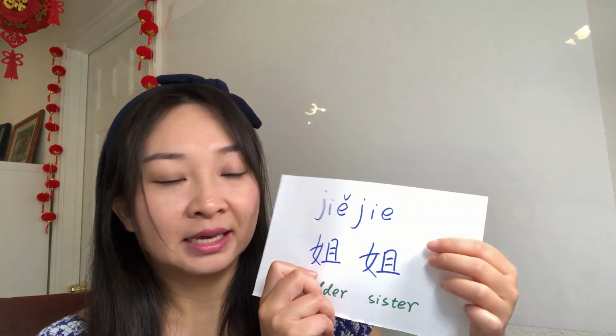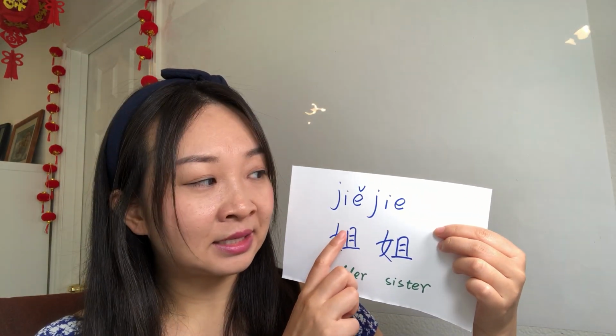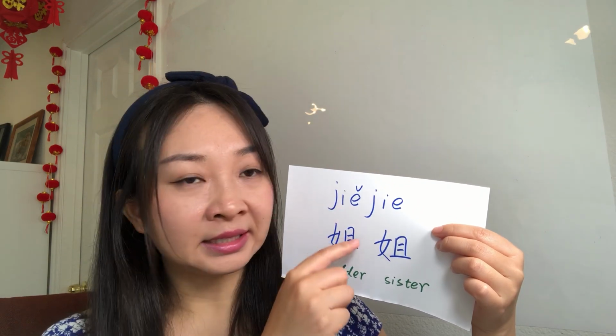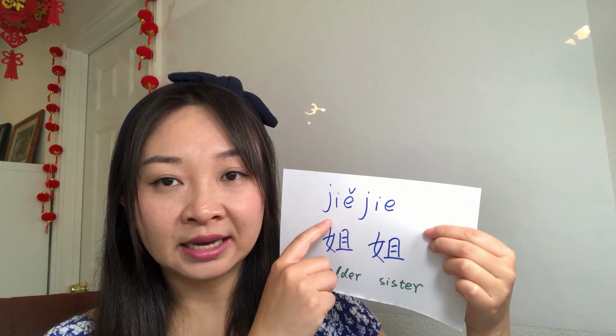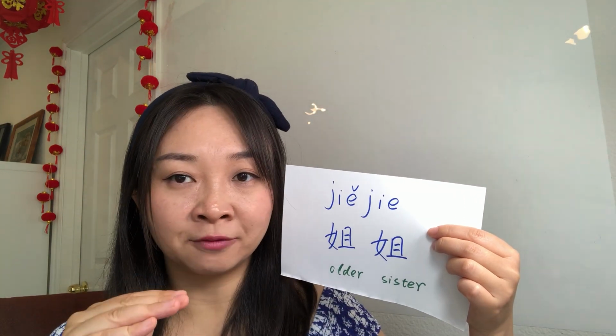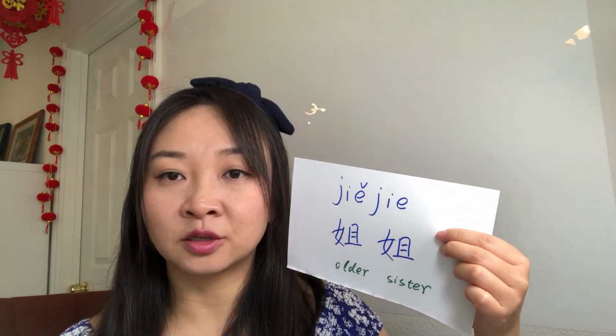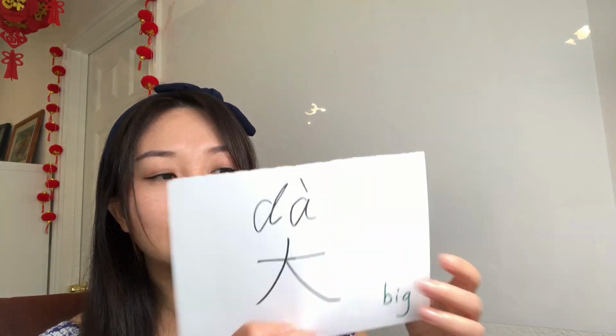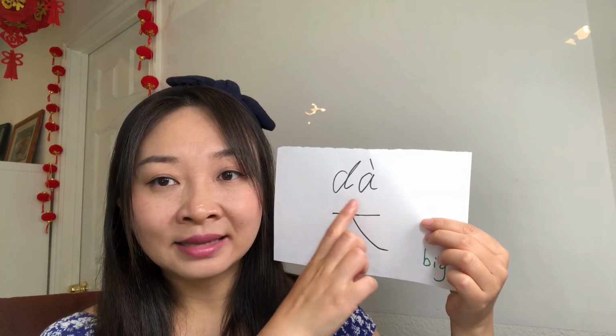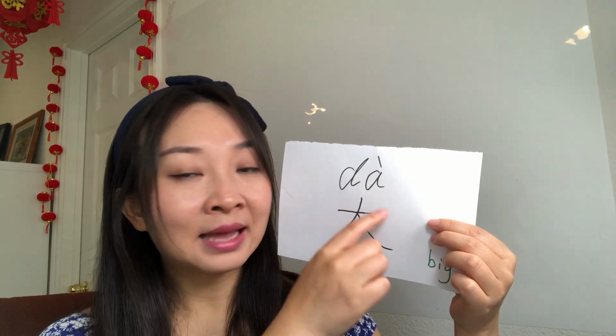And next one, we say 姐姐, 姐姐, right? I only keep my voice at a low voice range for the third tone. And then the second one is a neutral tone. 姐姐 means older sister.